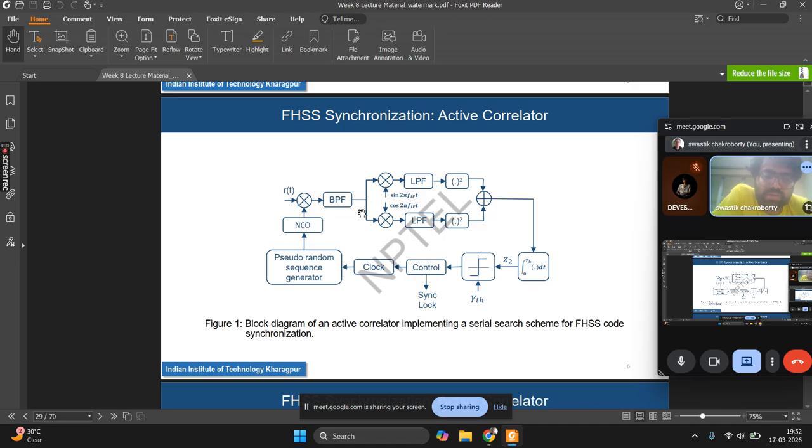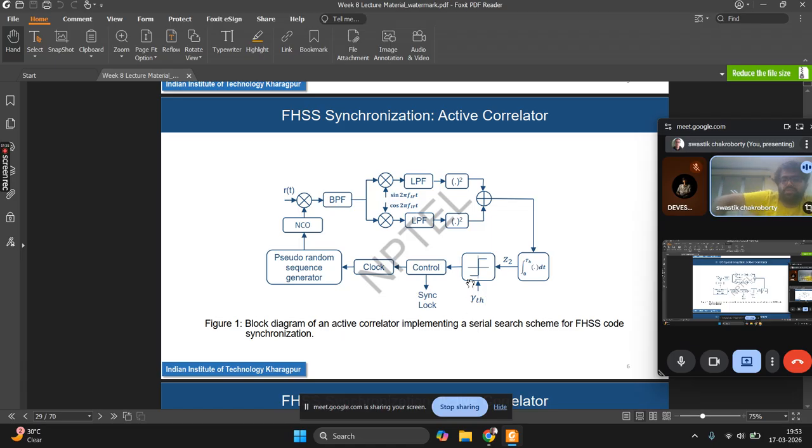So here is the synchronization. The hop is basically correlated. This is a correlator bank in the I and Q domain, correlated and accumulated. Then this is a comparator which checks whether your signal's test statistic Z has crossed the threshold or not.